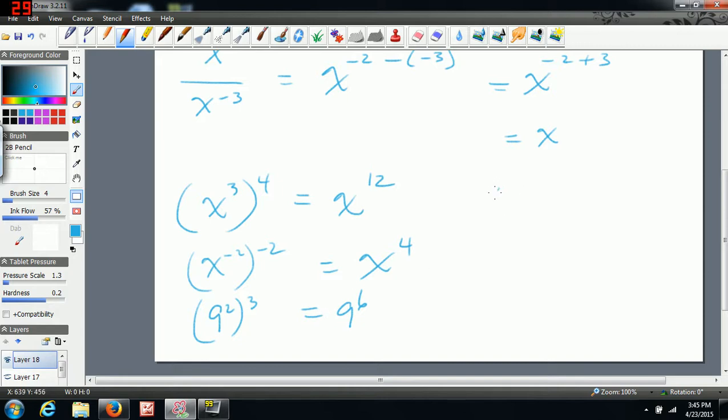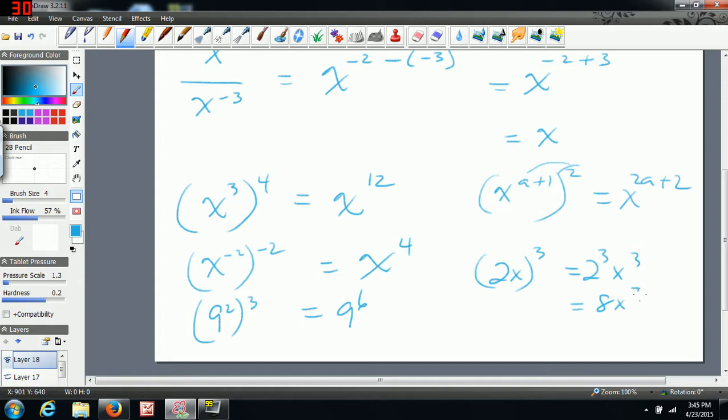Or say we had x to the a plus 1 all to the power of 2, that would just go into both, so it becomes x to the 2a plus 2. Okay. If you have 2x all to the 3, that's going to go into both. So it's going to be 2 to the 3 and x to the 3, so that becomes 8x cubed. Okay.